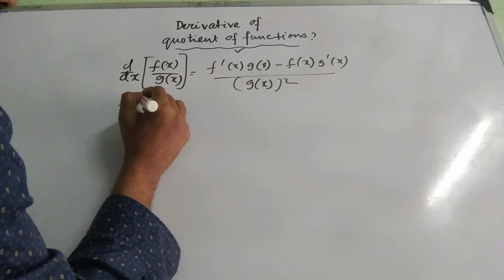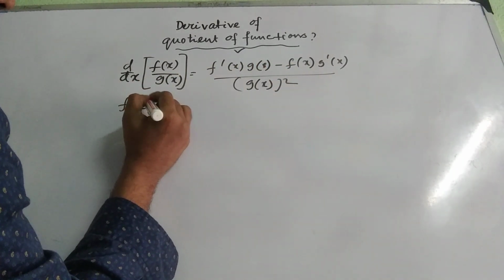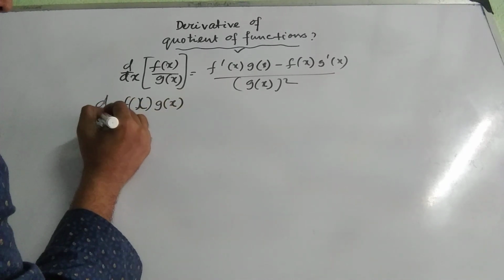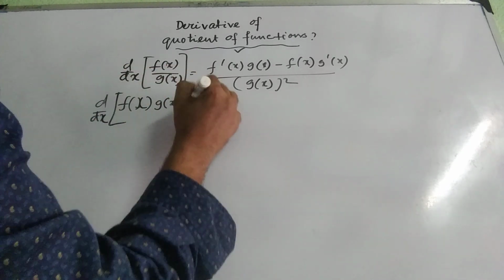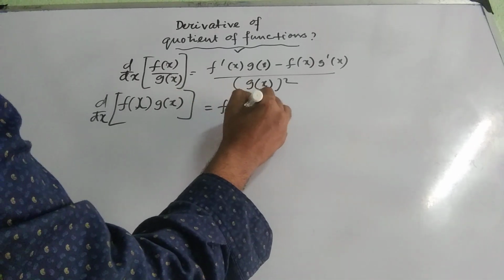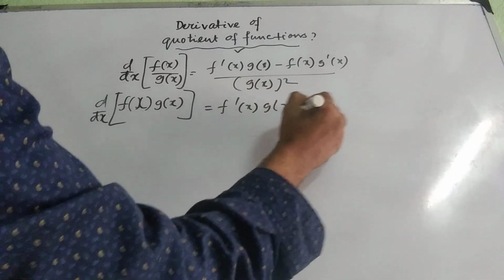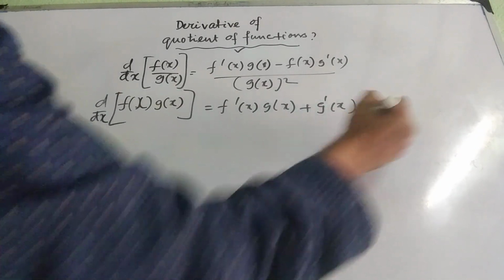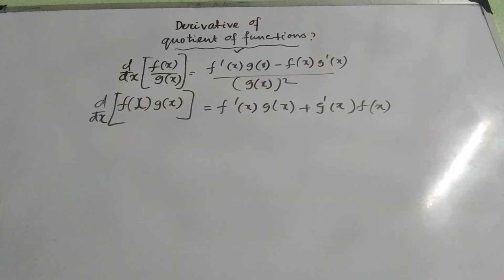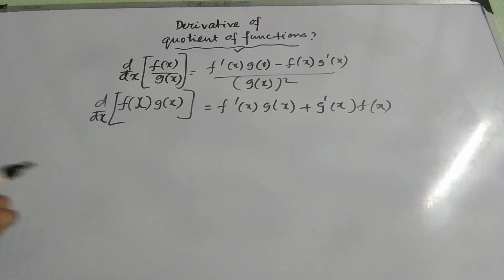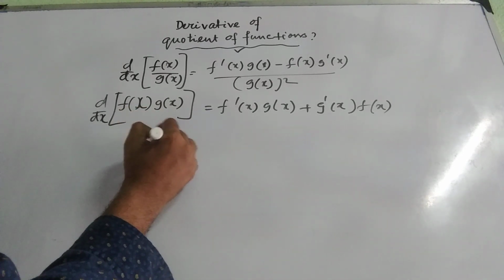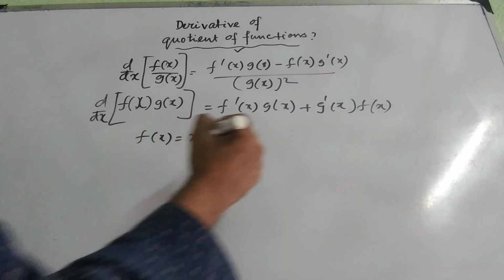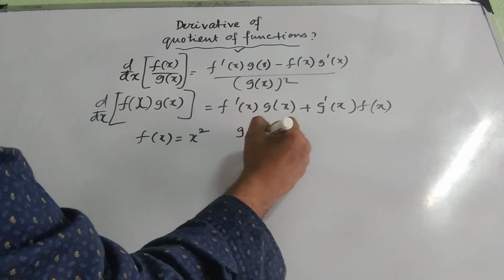In the previous video I showed you that d/dx of f(x) into g(x) is f dash x into g(x) plus g dash x into f(x). For showing an example in a better way, let us consider f(x) equal to x squared, that is x to the power 2, and g(x) equal to sin x.